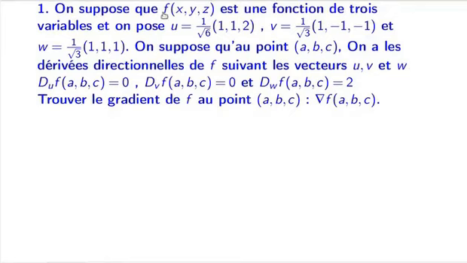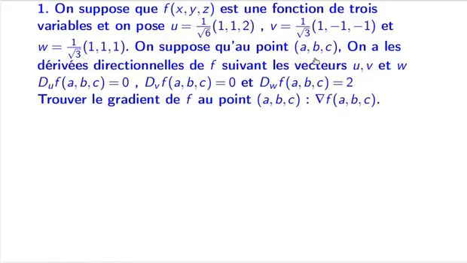We assume that f of x, y, z is a function of 3 variables. We are given 3 vectors u, v, and w. We can verify that the 3 vectors are normalized, or unit vectors.